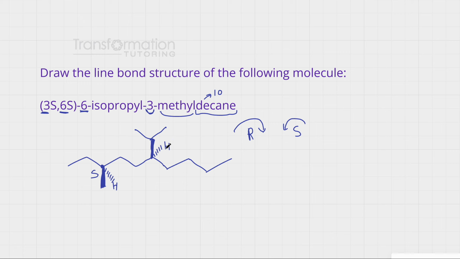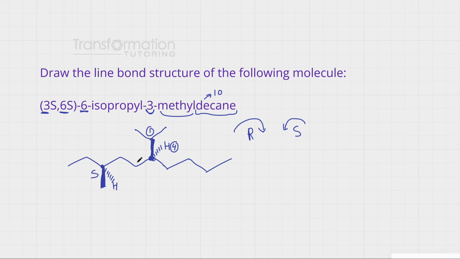So this is my chiral carbon. It's attached to a hydrogen, a carbon, and a carbon. Hydrogen loses, number 4. The carbon on top is attached to 2 carbons. To the left is only 1, and to the right this carbon is attached to only 1. So this wins. This is number 1.